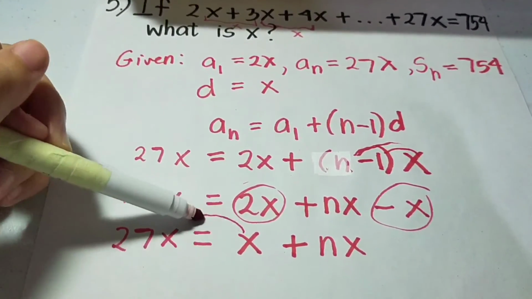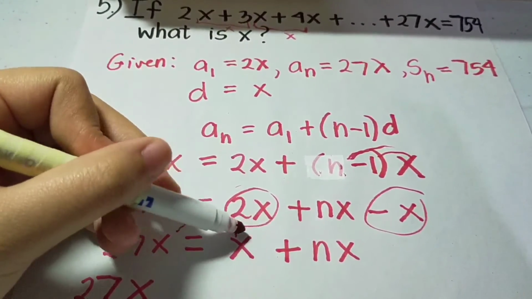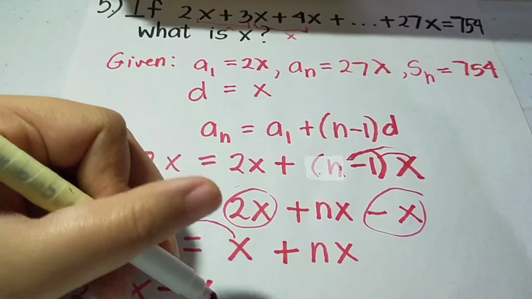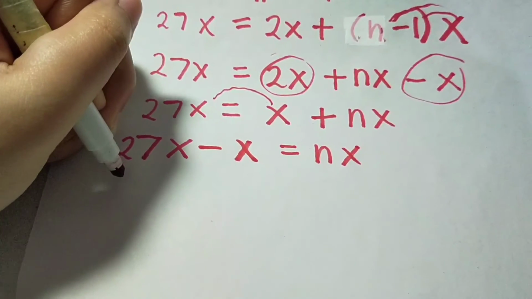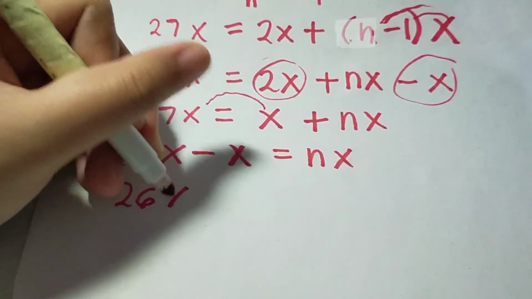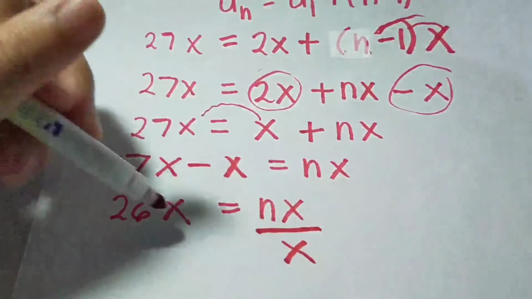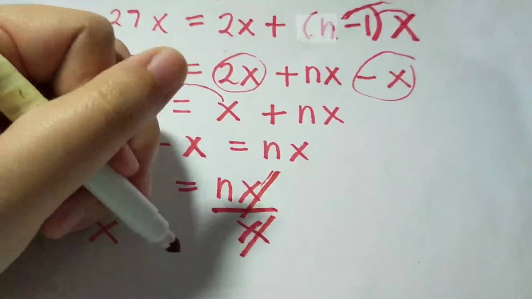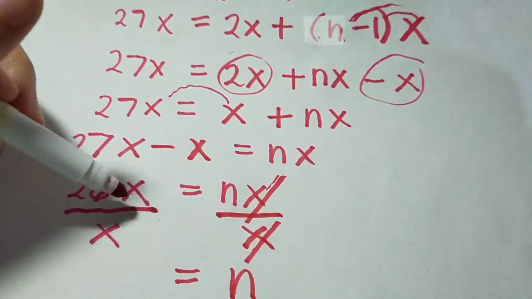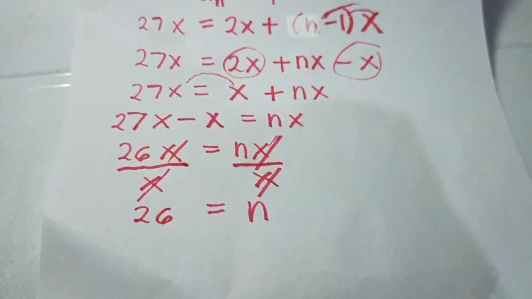So itatranspose natin dito, which means that 27x, yung positive x natin ay magiging negative x. 27x minus x equals to nx. 27x minus x is equals to 26x and is equals to nx. So divide both sides by x in order to find n. It will be this one, cancel, n is equals to 26.